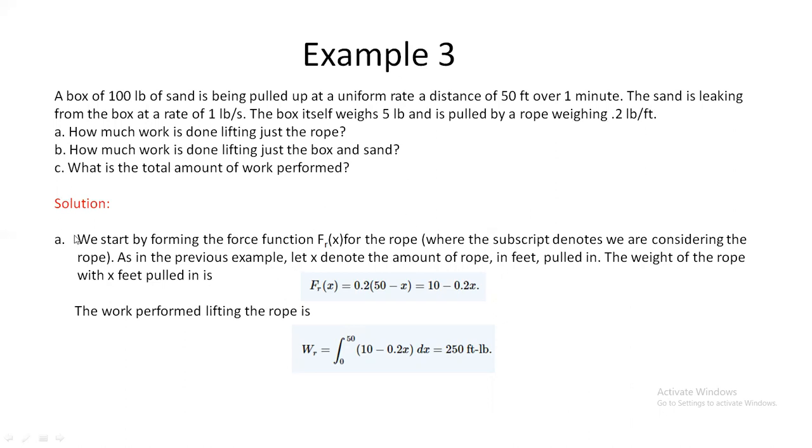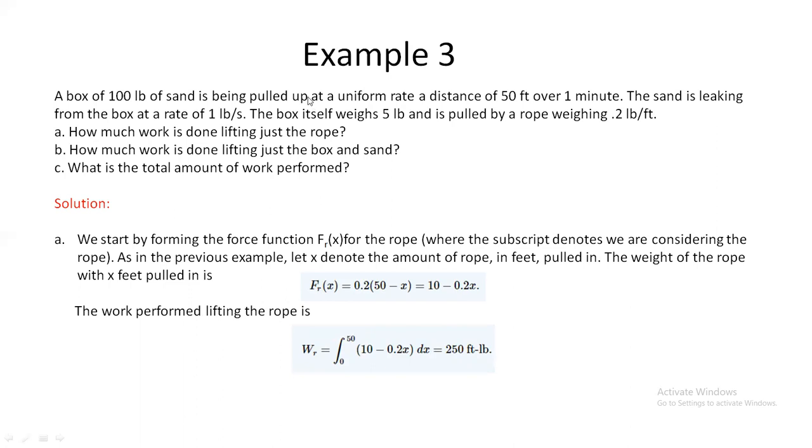Okay? Now, a box of 100 pounds of sand is being pulled up at a uniform rate at a distance of 50 feet over 1 minute. The box that contains the sand, stated here, which is 100 pounds, is to be pulled up.